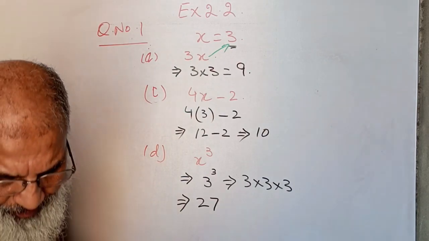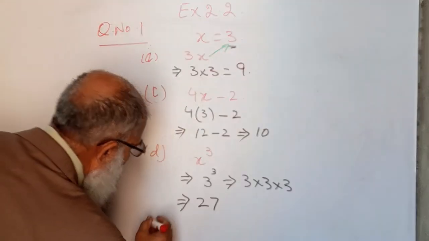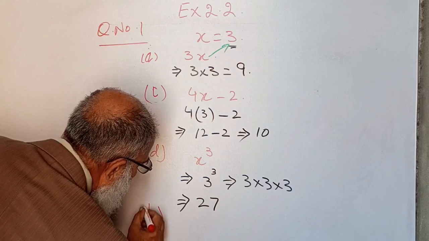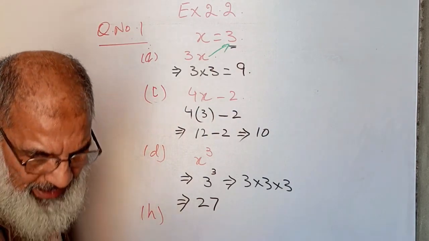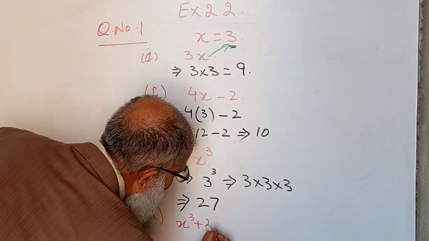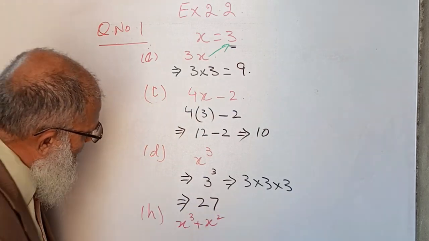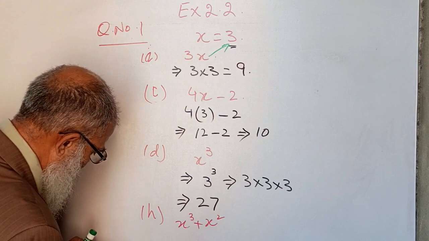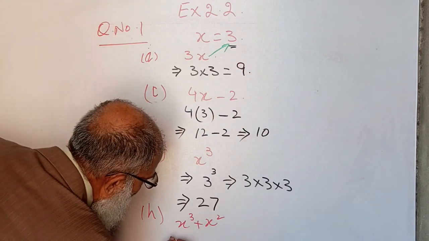Now I am going to solve part number H. Part number H is x cube plus x square. X cube plus x square. I already have the value of x cube here, which is 27.